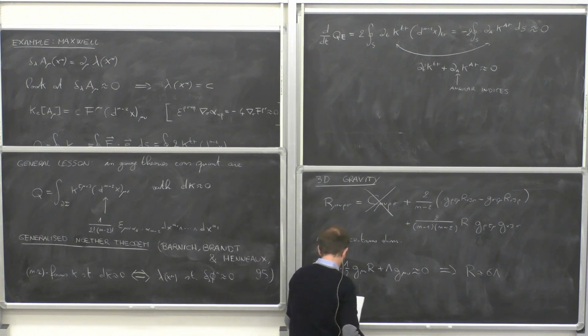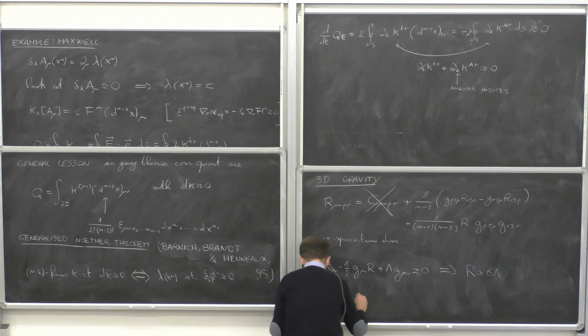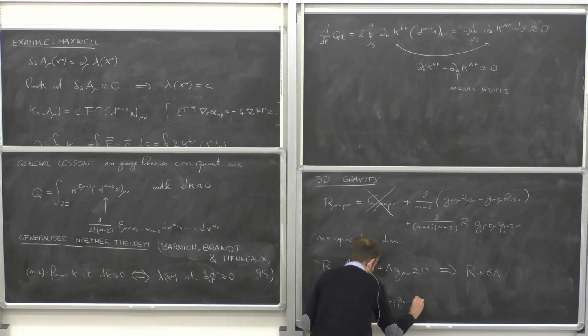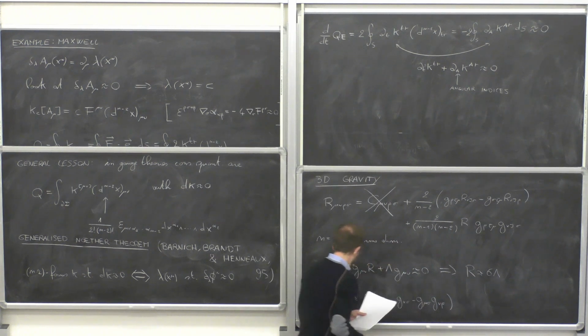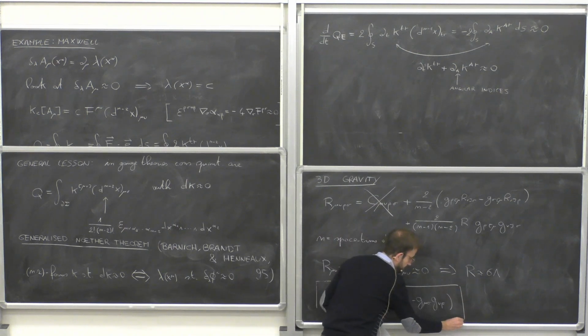And the final result, by substituting everything, is that in 3D on shell, essentially all solutions of Einstein equations are locally spaces of constant curvature.